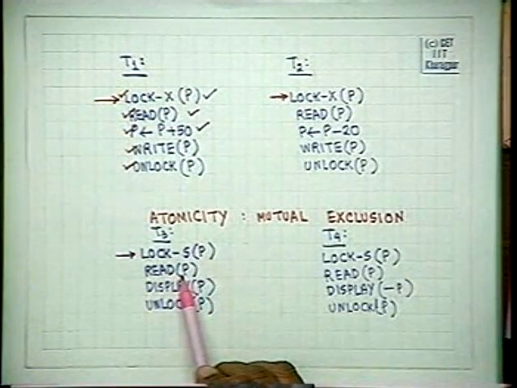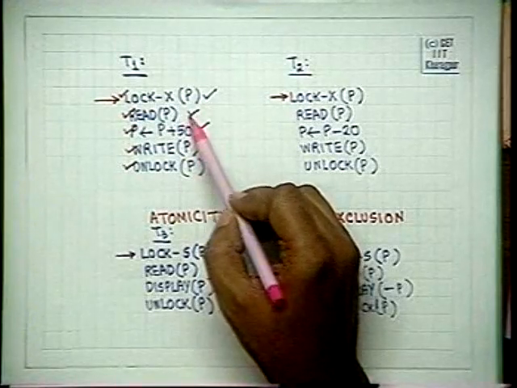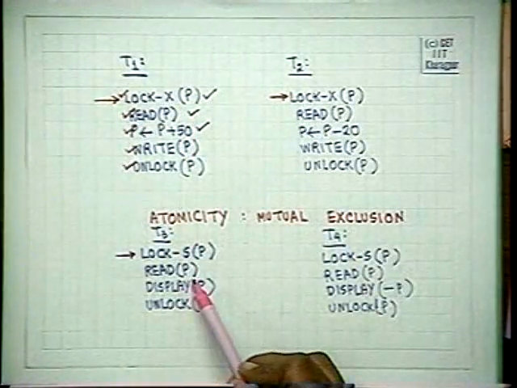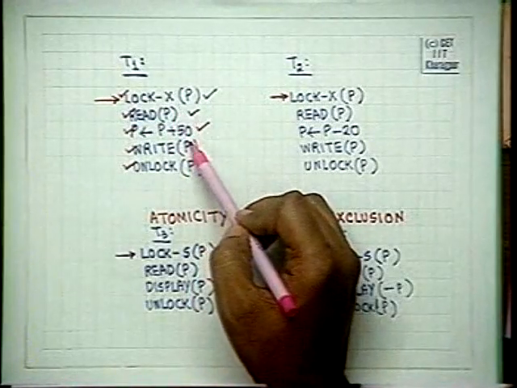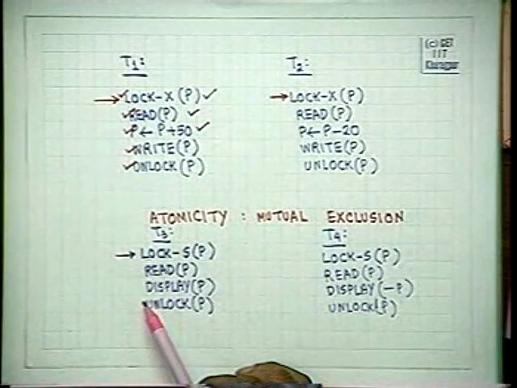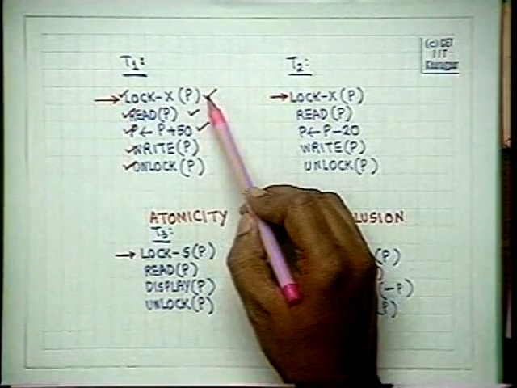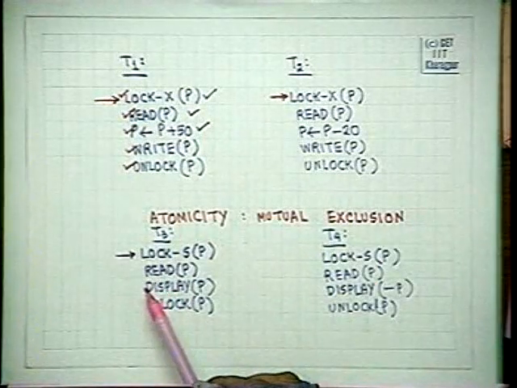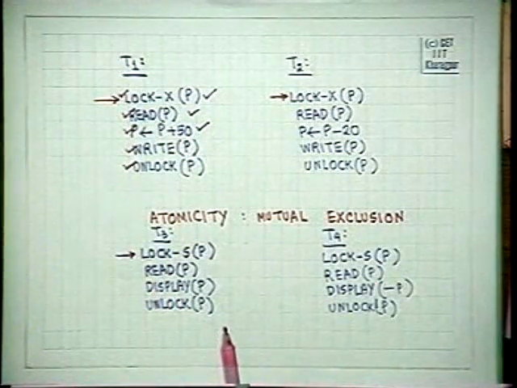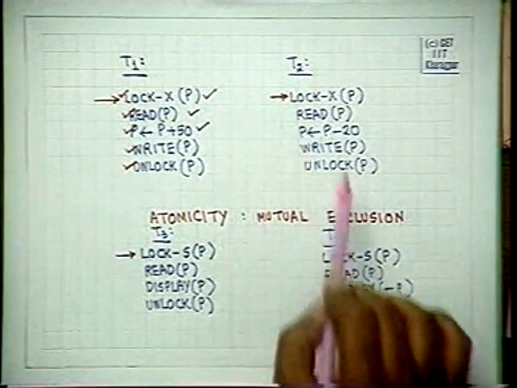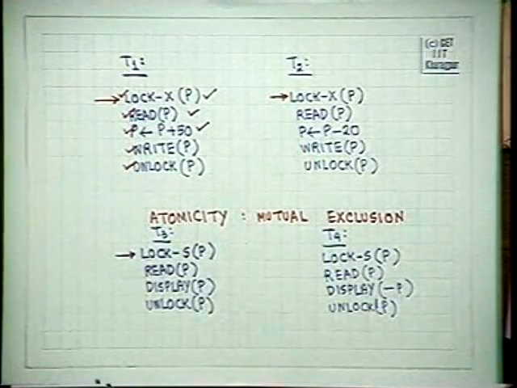No, because T1 will be doing a read and a write, and whatever T3 reads in the middle of that transaction may be slightly inconsistent. Therefore, if somebody has acquired a lock in exclusive mode, nobody can acquire another lock in shared mode or exclusive mode. So, all of them will have to wait till this fellow unlocks.